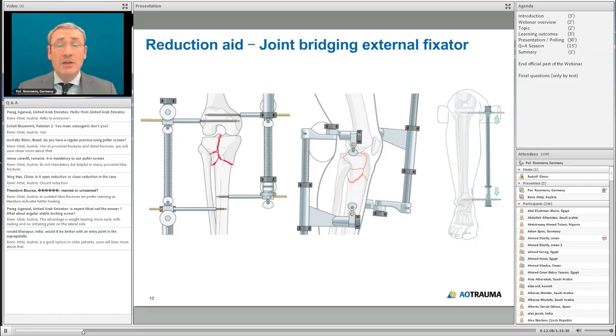In the middle, you see a lateral view of the same situation. On the right, you see a distal tibial fracture that is reduced, and the reduction is controlled by a large distractor that is non-bridging, which means that the proximal and distal shank screws are put in the tibia itself.